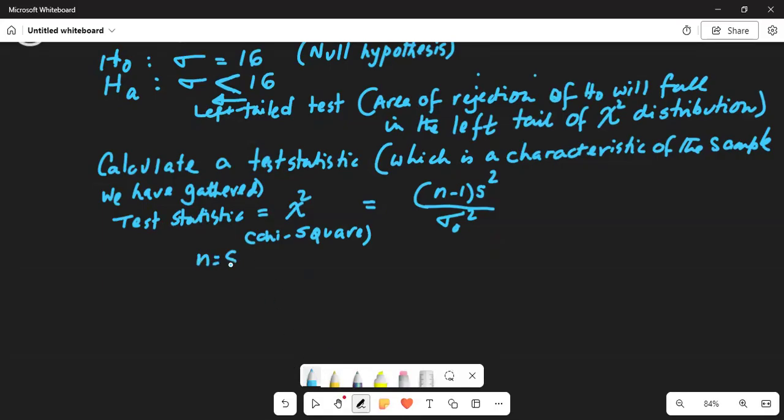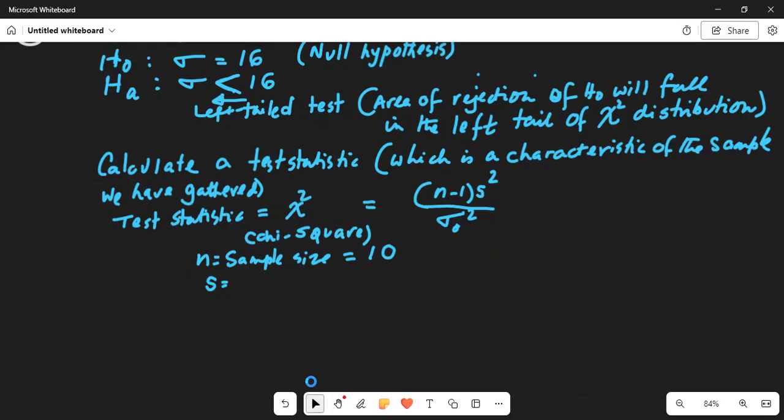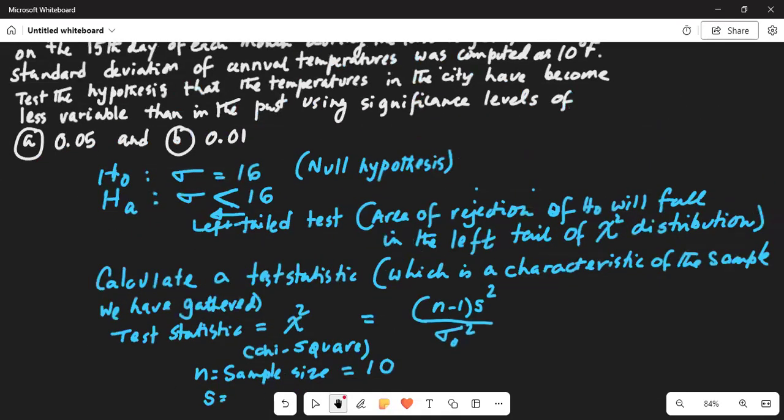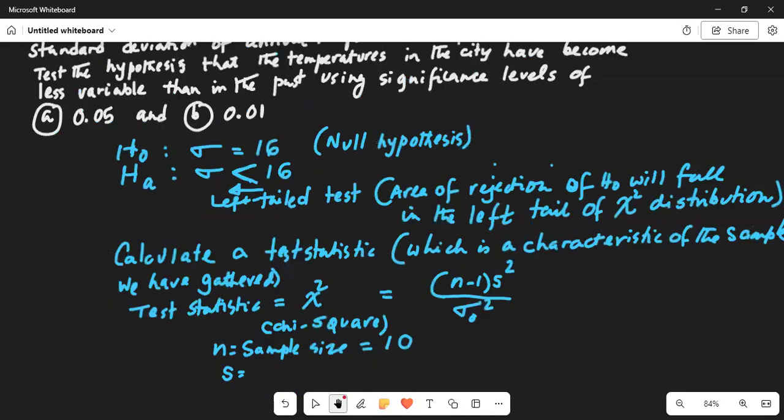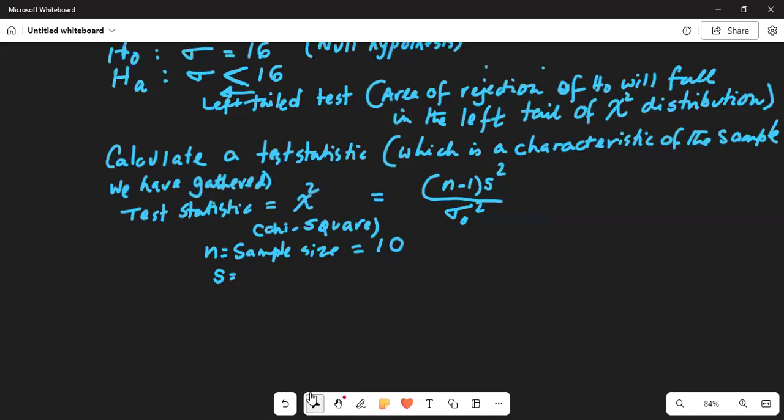N is your sample size, which is the last 10 years, so N equal to 10. S is the sample standard deviation, which was 10 degree Fahrenheit from the 15th of each month for the last 10 years.